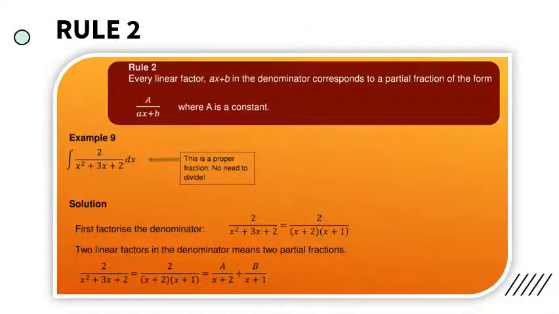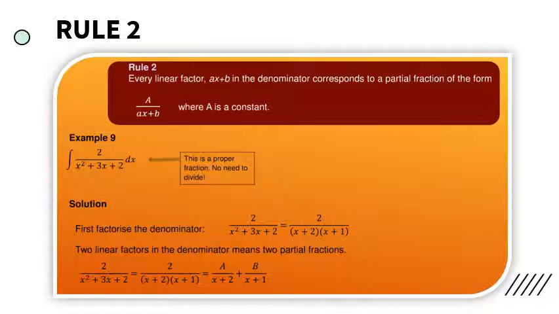Okay, let's look at rule number 2. Every linear factor ax plus b in the denominator corresponds to a partial fraction of the form A over (ax plus b), where A is a constant.